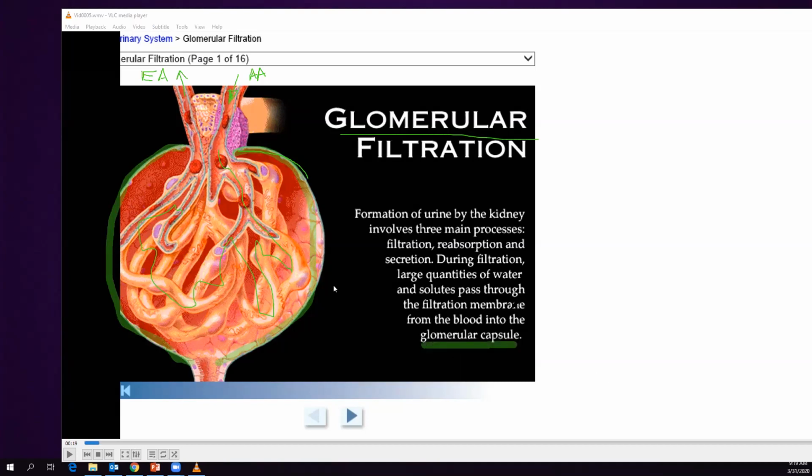Now here's the thing. Remember when we were taking a look at the structure of the nephron last week, that we have the capsule, so we have the cup part on the outside, but then notice that the cup curves around and then it's going to wrap itself all the way around all of the glomeruli, all of the capillaries. Okay, so it wraps itself around and then it covers over the capillaries.